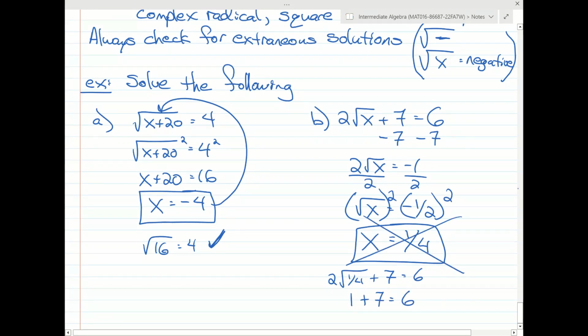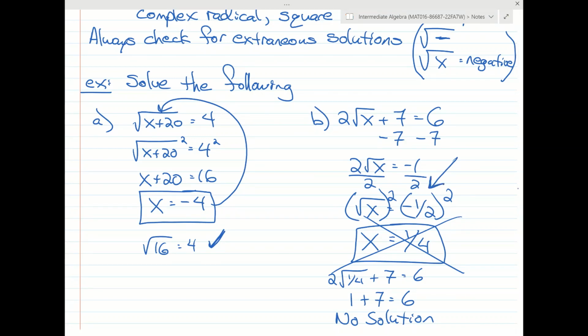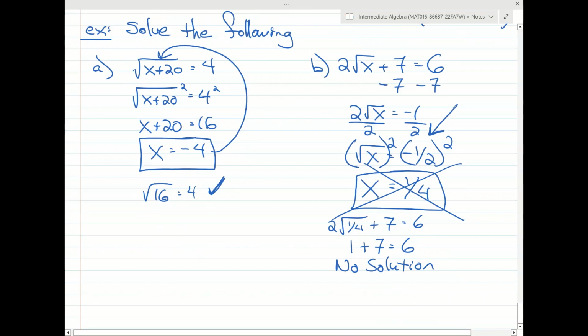So this actually doesn't work. This would just be no solution. We can tell it's no solution at this step, when you get a square root equal to a negative number. But you could always check your answer, and either way, the answer for this is that there's no solution.